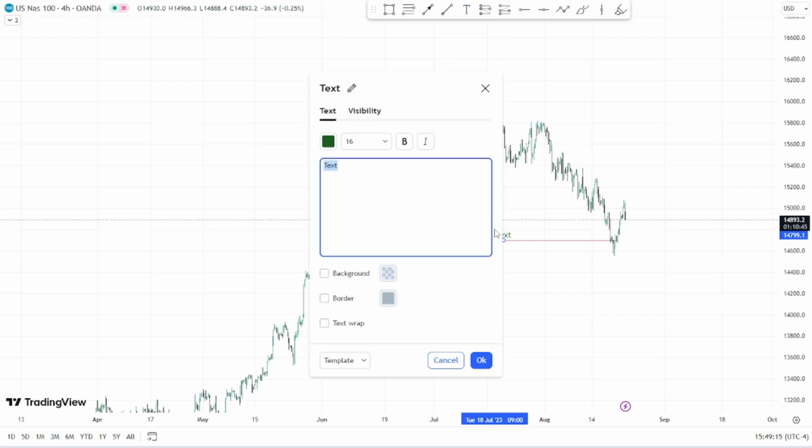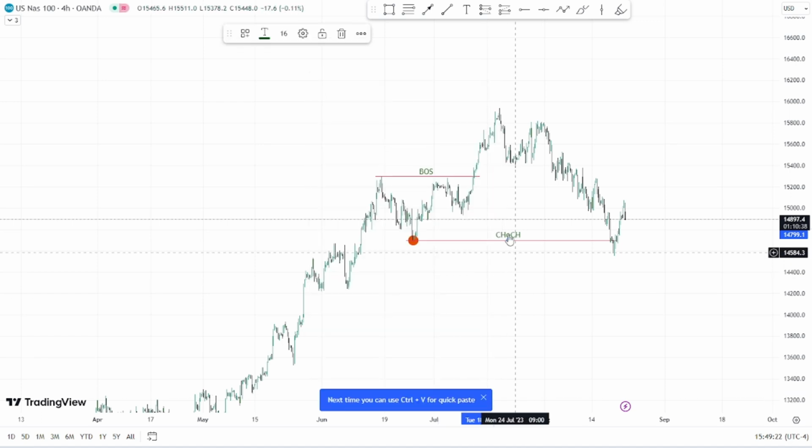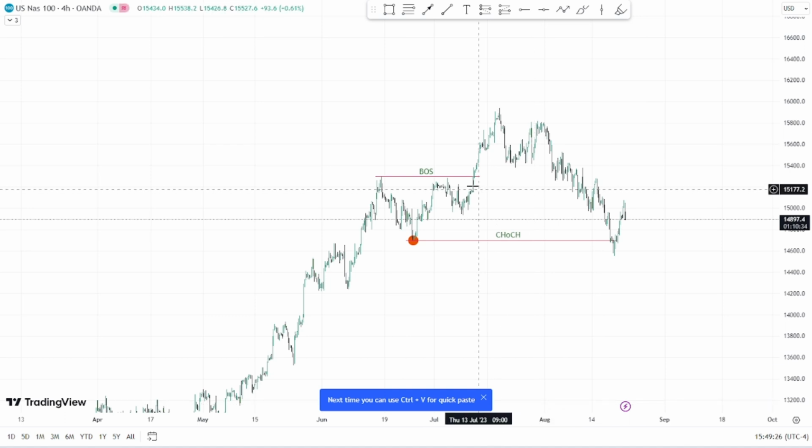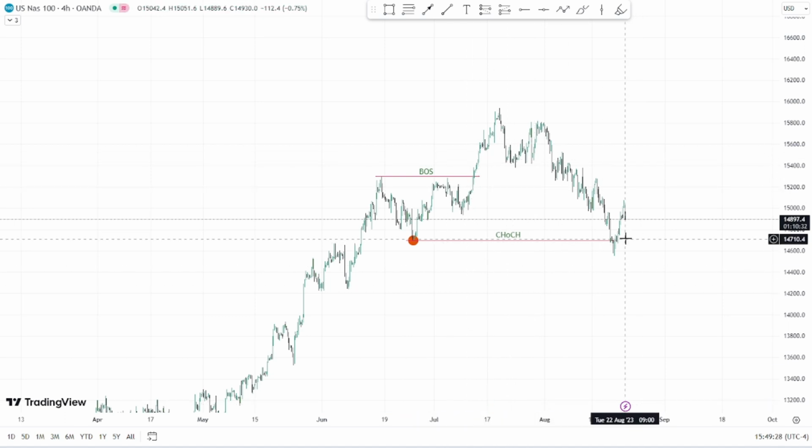So this will then be our change of character here, and we're going to lock it. We have a break of structure to the upside, then we have a change of character to the downside, meaning that the market has changed direction. We are no longer going up, but we are now changing direction to the downside, right?